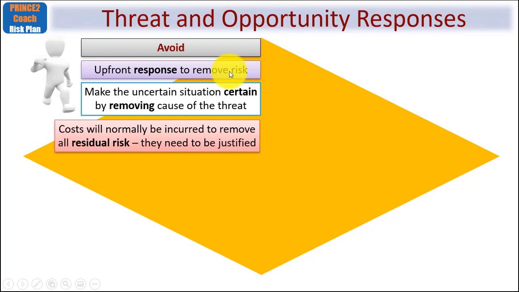And this normally means you go in a different direction to sidestep the risk. The avoid, therefore, makes an uncertain situation certain by removing the cause of the threat. Now, costs will normally be incurred to remove all residual risk, and these too need to be justified. So let's be clear, taking avoiding action means the risk is zero.